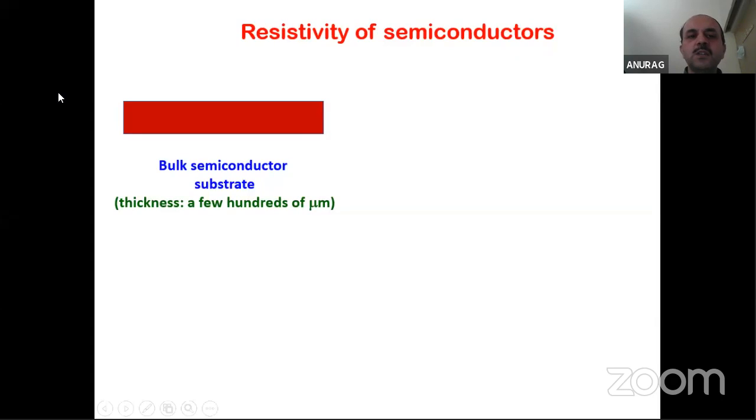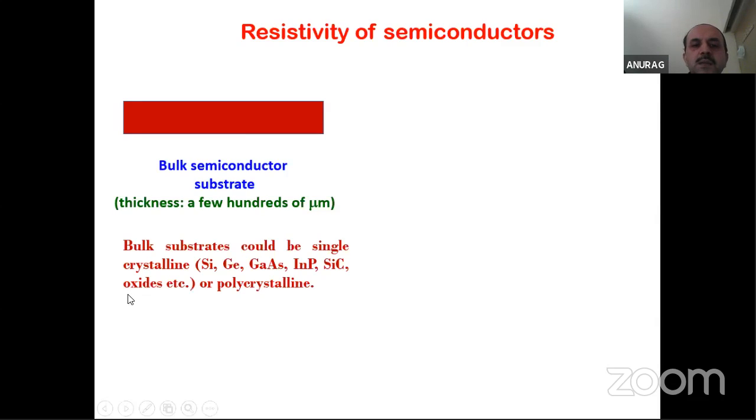Suppose it is silicon. Then this is a complete, thick piece of silicon, and usually the thickness of these substrates is of the order of a few hundred microns. In the market you can commercially procure very good quality silicon substrate, germanium substrate, gallium arsenide, which is a direct band gap semiconductor, indium phosphide, silicon carbide, even gallium nitride, and oxides like zinc oxide.